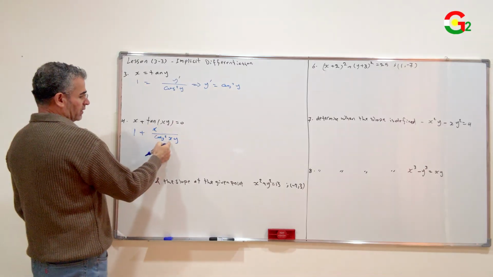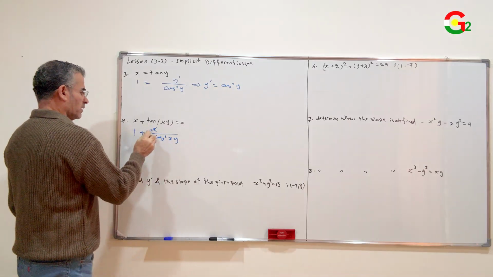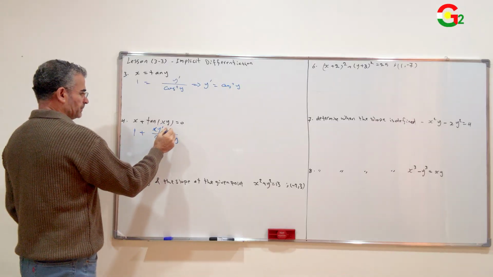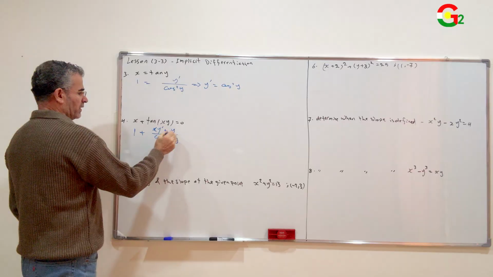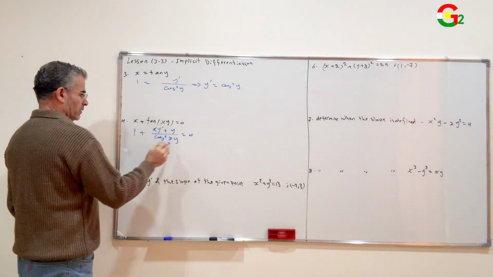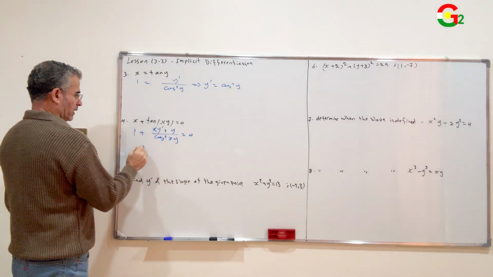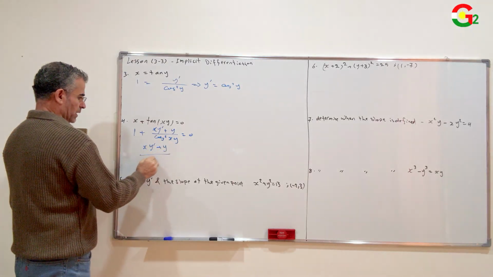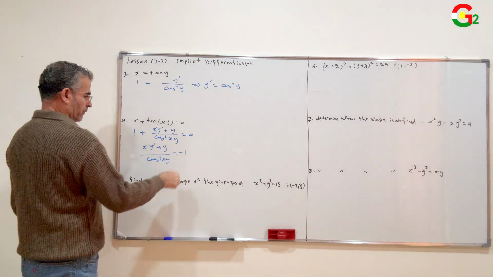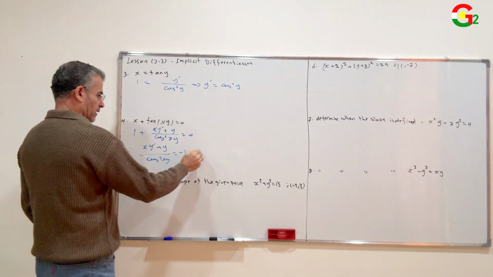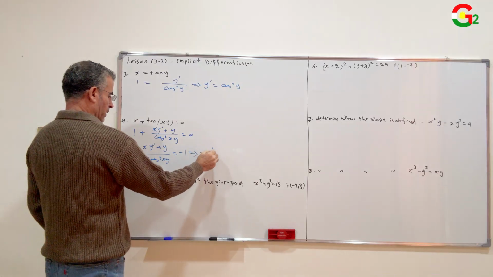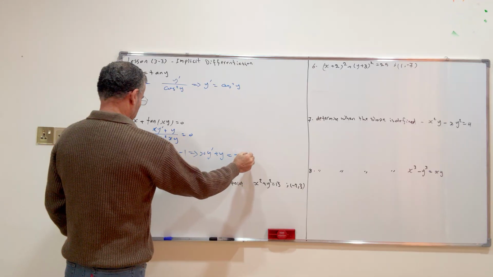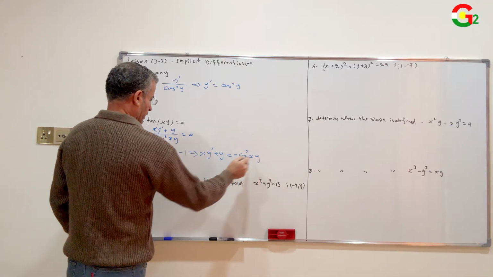The derivative of the angle is a multiplication of two functions: the first one times the derivative of the second one plus the second one times the derivative of the first one, equal to 0. Therefore, x y prime plus y over cosine square xy equal to negative 1, and x y prime plus y equal to negative cosine square xy.